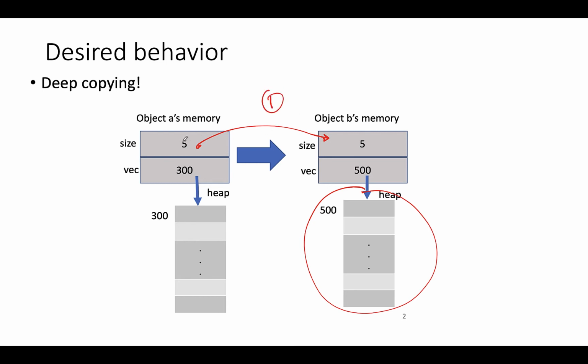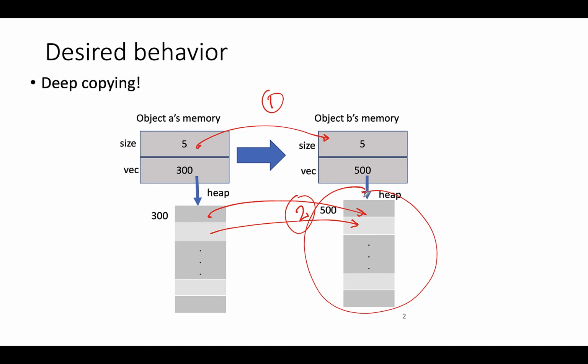Whatever stack-based variables, we need to copy them first. And then we're going to be creating this separate memory for object B. And then what we're going to do next is iterate over the array of object A and copy the elements here. So now we have complete copies that are basically independent. Okay, and each one of these objects has its own memory.